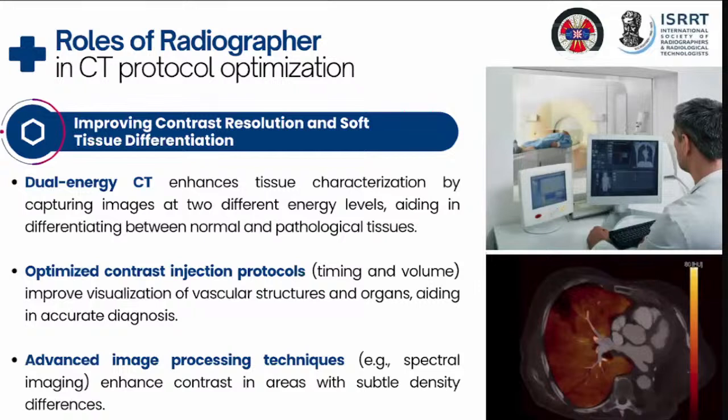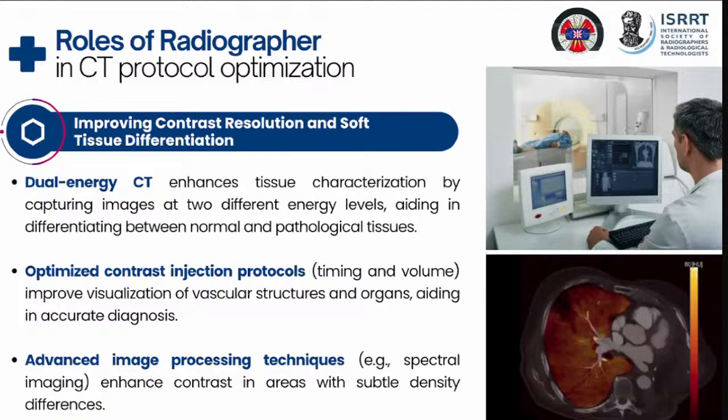And then optimize contrast injection protocol, where timing and volume matter. They have designed a lot of protocols on how we can minimize the injection time and the injection bolus. They created one shot where they can get 3 phases, or 1 shot, 2 phases. That is a very good innovation.